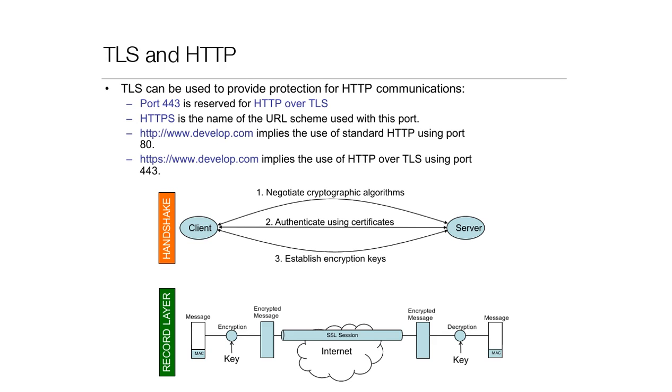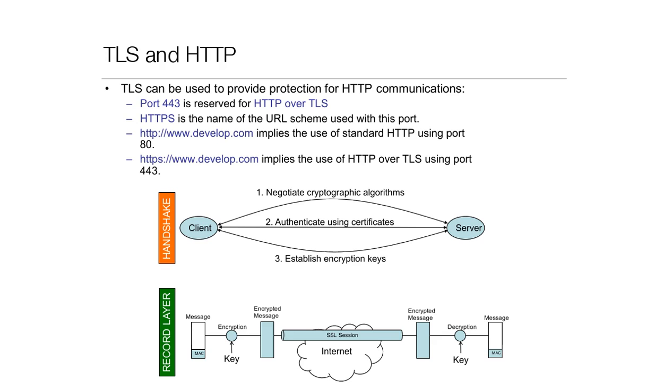After that point, data transmission is done using a faster encryption algorithm to keep the data protected in the channel. So that's the very high level idea about HTTP and TLS, how TLS is used for HTTP communication, the web communication.